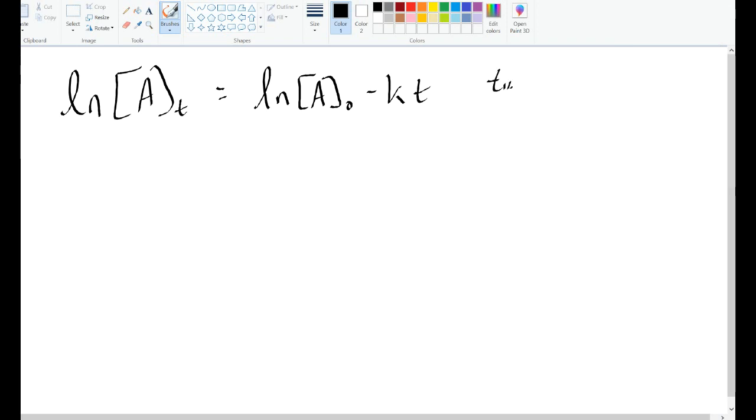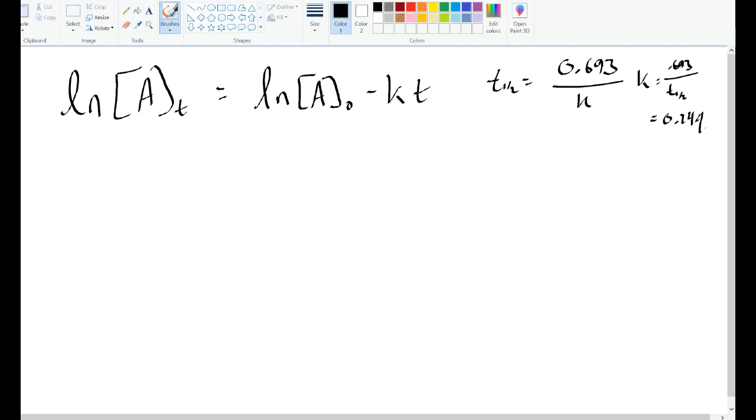So half-life is equal to 0.693 over k. So k is equal to 0.693 over t1/2 is equal to 0.693 over 2.84 is 0.244. So that's what we're going to plug into that equation when we get to the time.